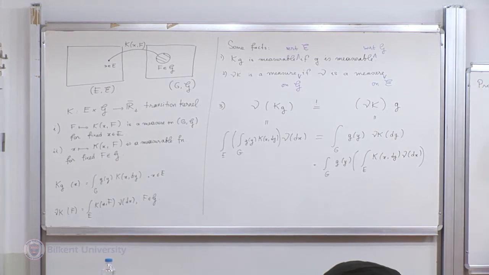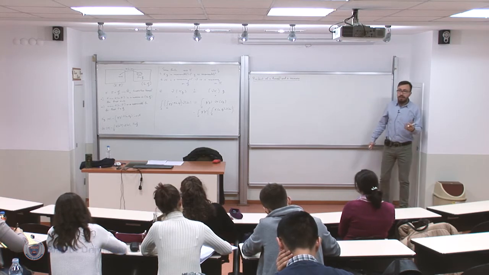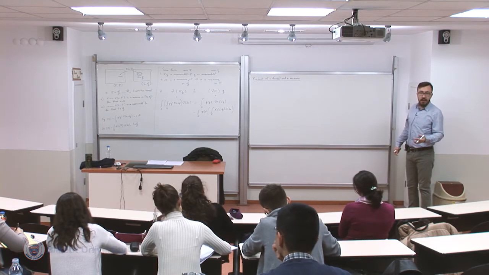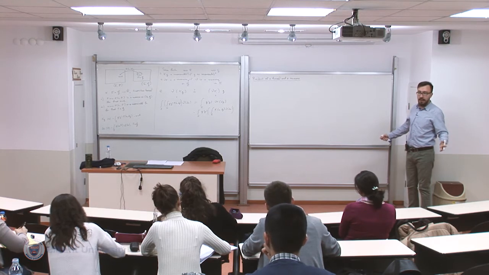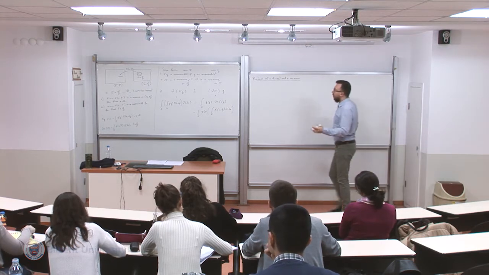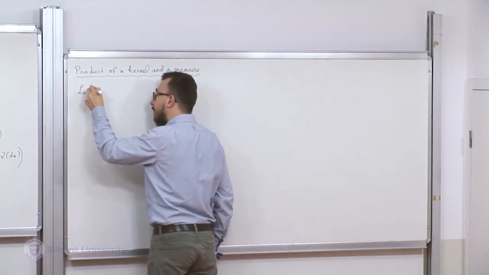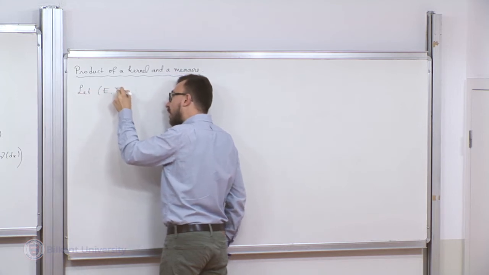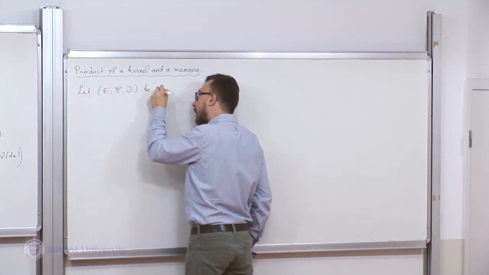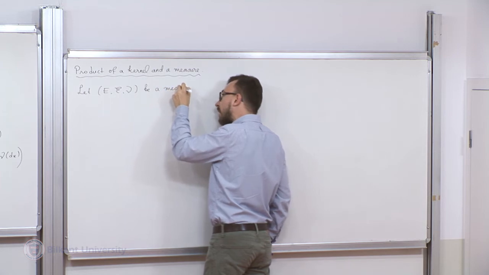Product of a kernel and a measure. That's going to give us a very nice result, a way to create measures on the product space using a measure on the first space. So let me write: let E be a measure space.